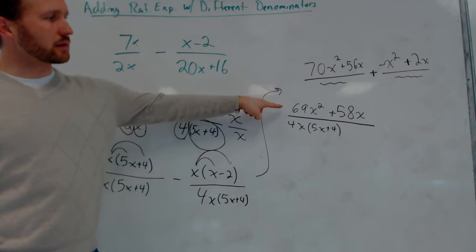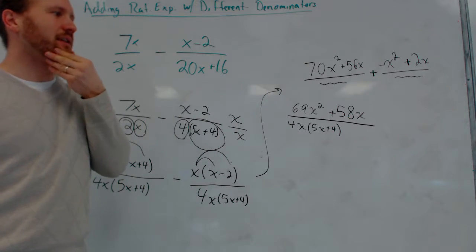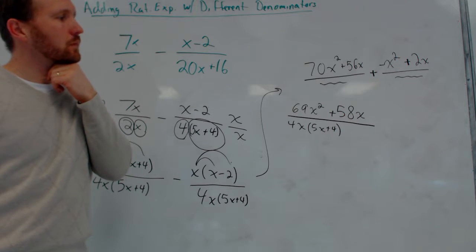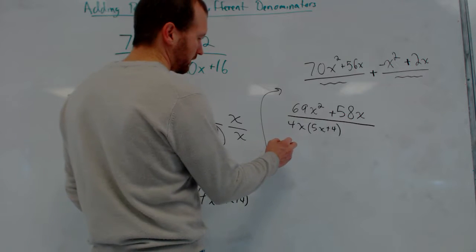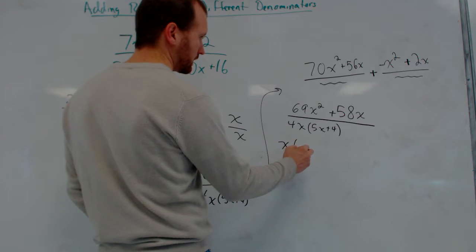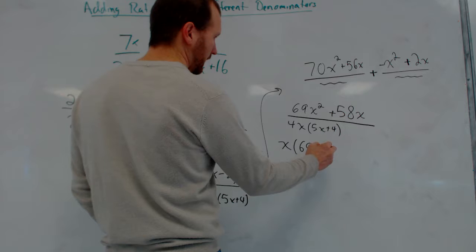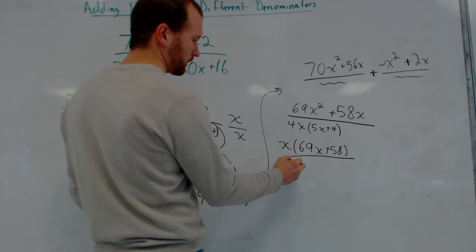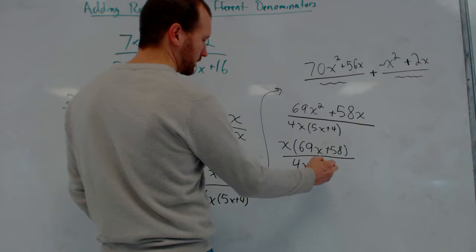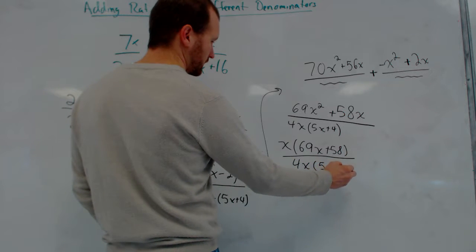So now I'm going to look at the numerator and say, can I factor anything there? You guys see anything that could be? We could take out an x. So I've got x times 69x plus 58 over 4x times 5x plus 4.